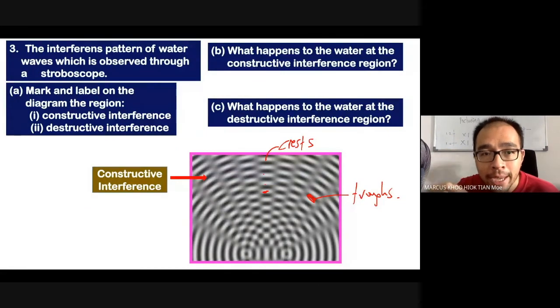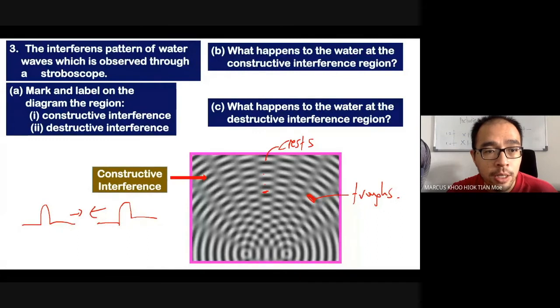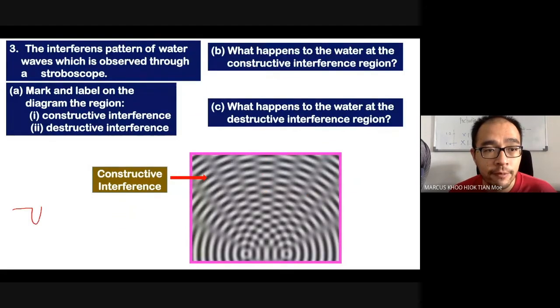Remember, crest and crest? This is a crest and this is another crest. When they meet together, they will form a super crest. In the same way, if a trough meets another trough, they will form a super trough.